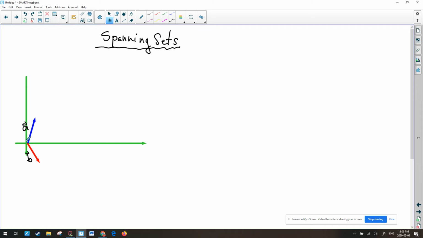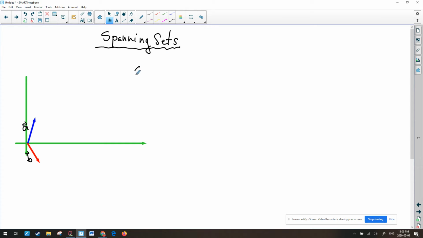And I would like to know, hey, do vector A and vector B form a spanning set? And what that means is if I gave you any other vector in 2-space, could we write some combination to demonstrate that the new vector is a linear combination?